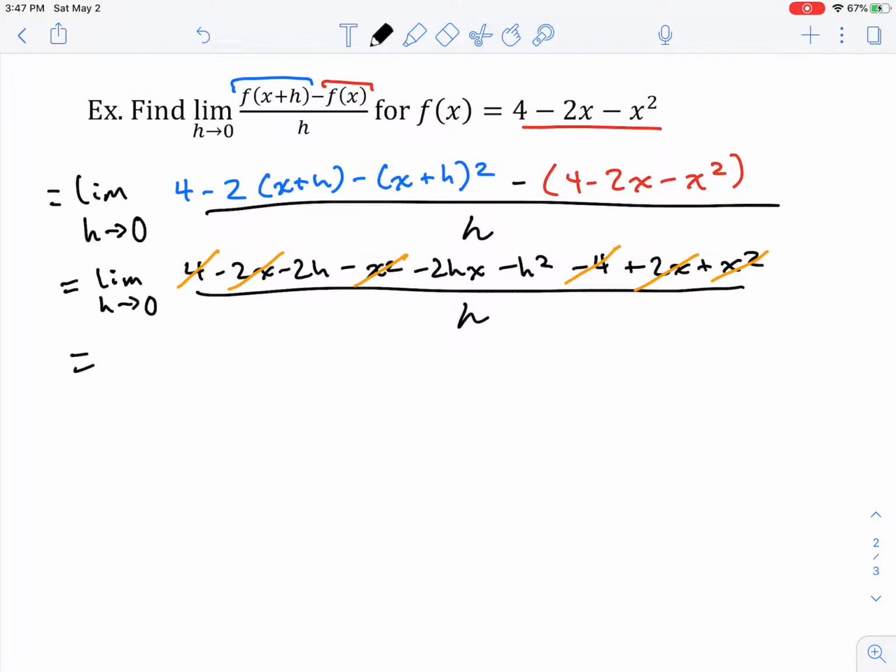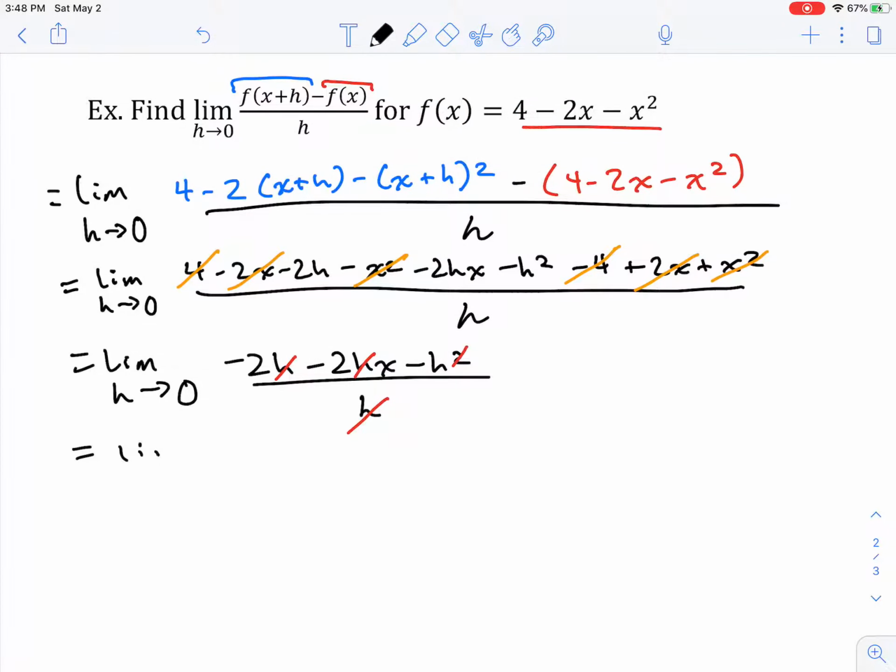And the answer is no. So let me clean this up first, even though I do see something I can do in just a moment. So we've got negative 2h minus 2hx minus h squared. And all of this is over h. Well, hopefully you see it now too. I've got an h in the numerator and the denominator that I can divide out. So I'm going to divide this h with this h, that h, and one of those h's. So if I clean that up fully, I've got the following.